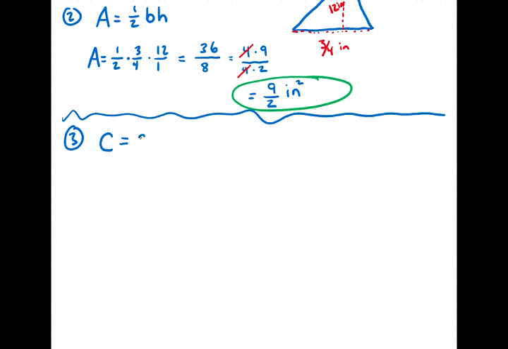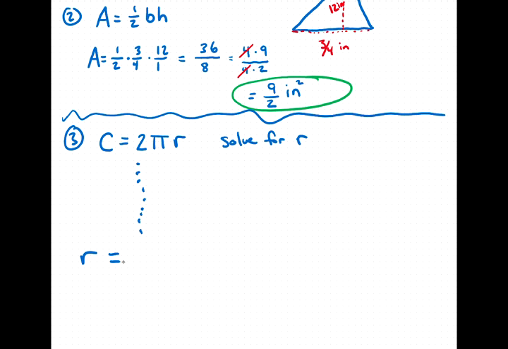Circumference is equal to 2 times pi times r. So r is the radius and c is the circumference. So we have c equals 2, which is a number, pi, which is a number, r, which is a variable. And let's say solve for r. So to say solve for r means we want to rearrange this equation so it's r equals.